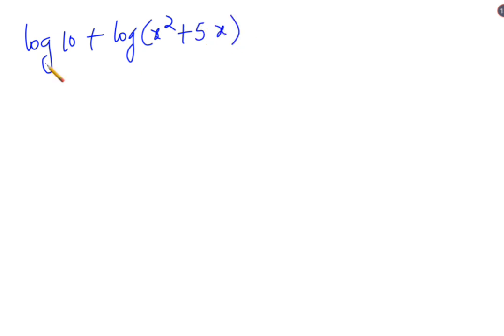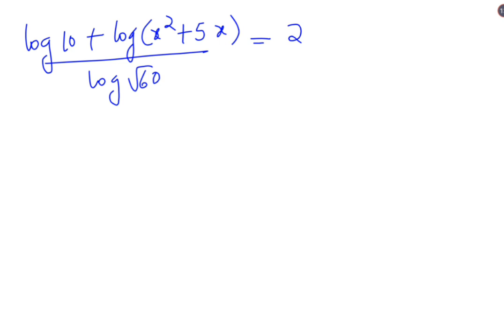So we have log 10 plus log of x square plus 5x upon log of root 60 equals 2. Okay, so what we need to find is the value of x over here.